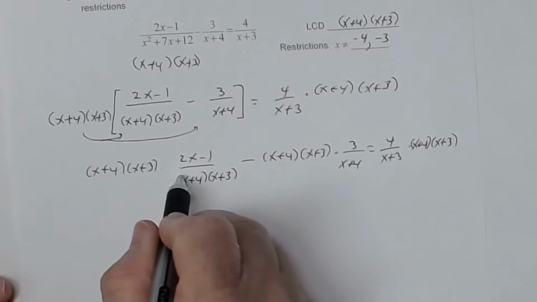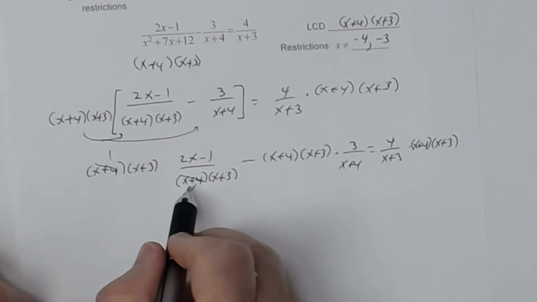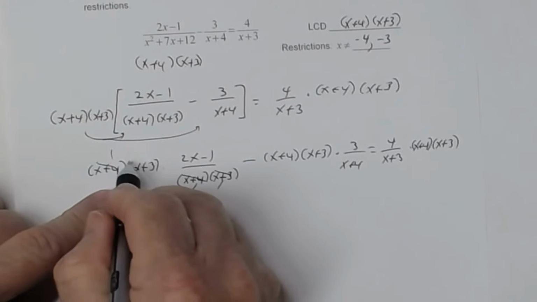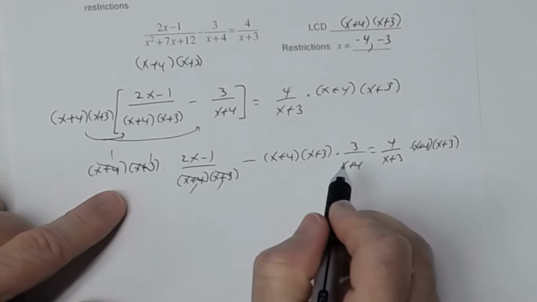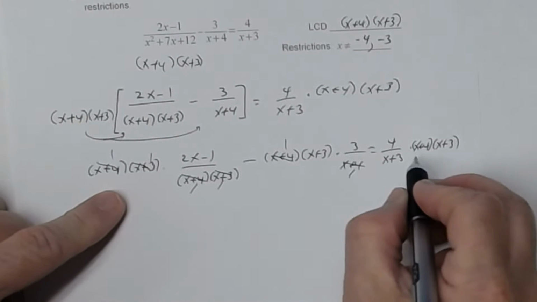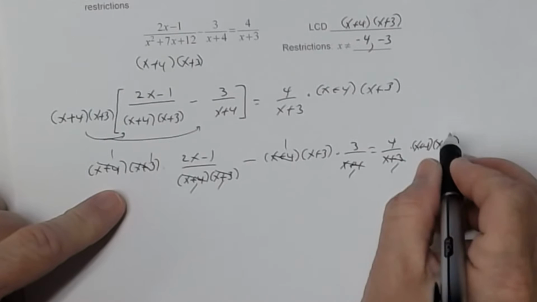So the x plus 4's divide out, so notice you have factors of 1. The x plus 3's divide out, you have factors of 1's. Over here, the x plus 4's divide out, and then on this side the x plus 3's divide.